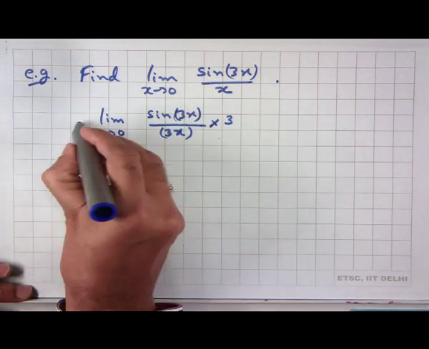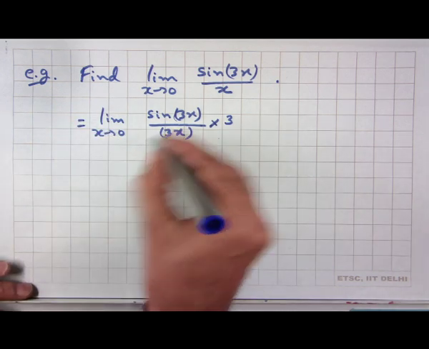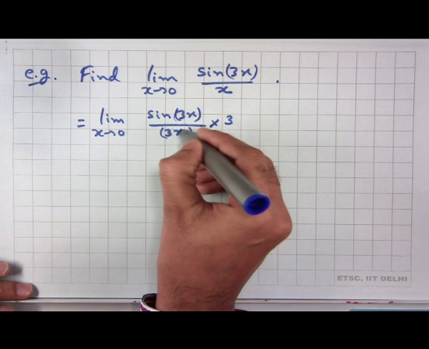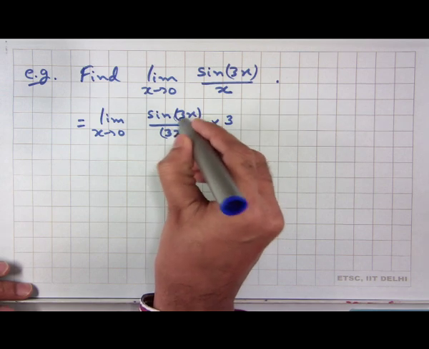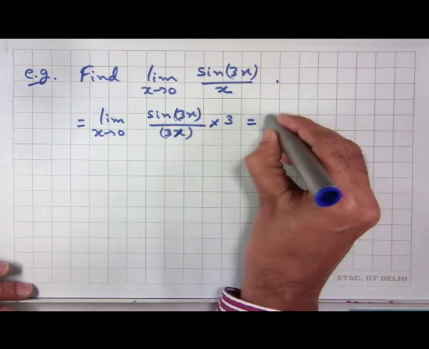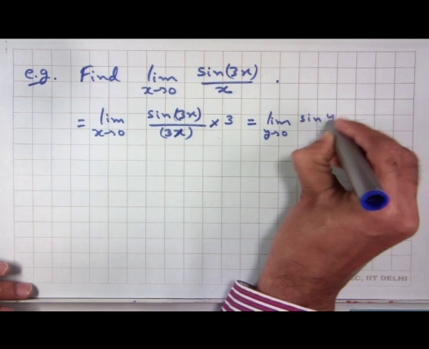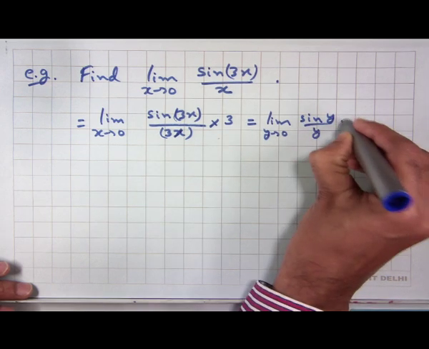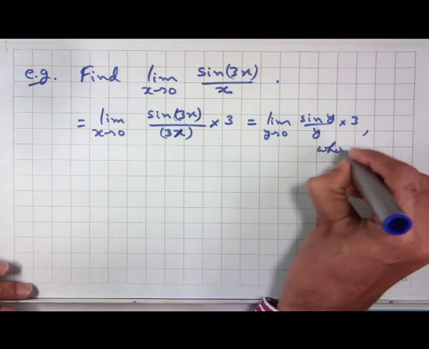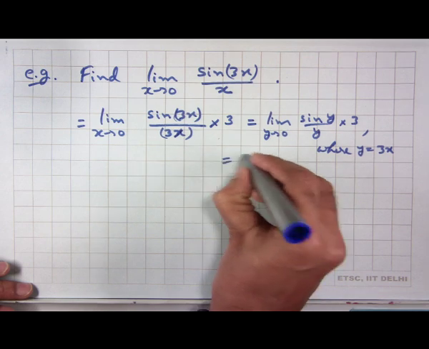this same function. So, this limit is equal to this limit, and because I am dividing by the same 3x which is inside sin 3x, I can simply write, or if you want you can write one more step, this is equal to the limit as y goes to 0 of sin y by y times 3, where y is equal to 3x, and then this is equal to 3.